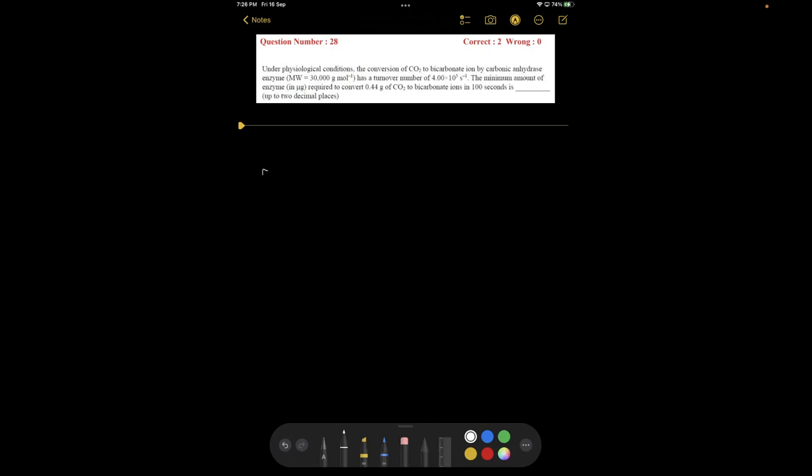Now the minimum amount of enzyme in microgram required to convert 0.44 gram of CO2 to bicarbonate ions in 100 seconds. So the turnover number is given here, and the molecular weight is also given, and we have to find out the minimum amount of enzyme required.